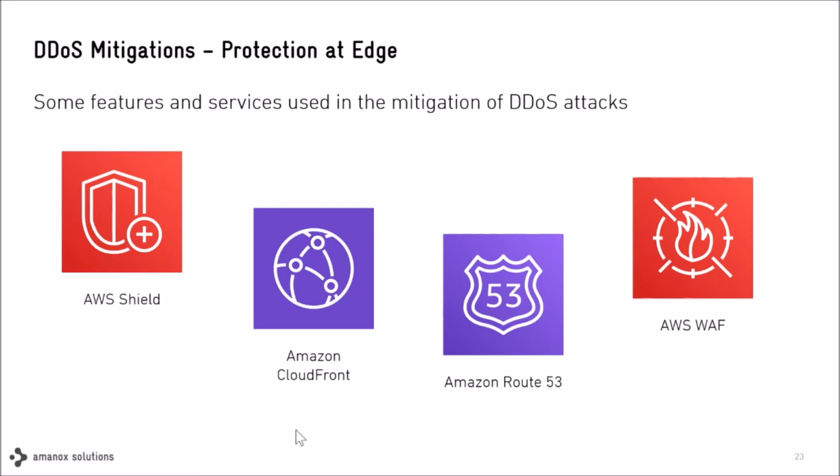So with the services listed here, you can create a flexible layered security perimeter against multiple types of denial of service attacks. So they all reside, the 4 services reside at AWS Edge and provide a scalable, reliable, and high-performance security perimeter for your applications and content.